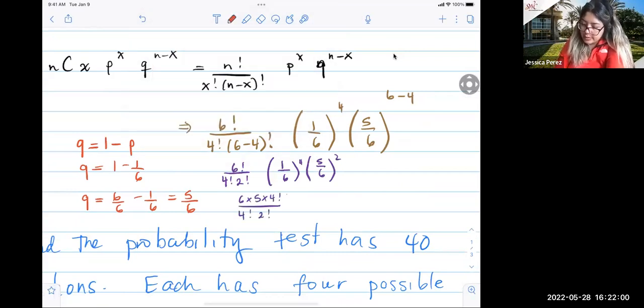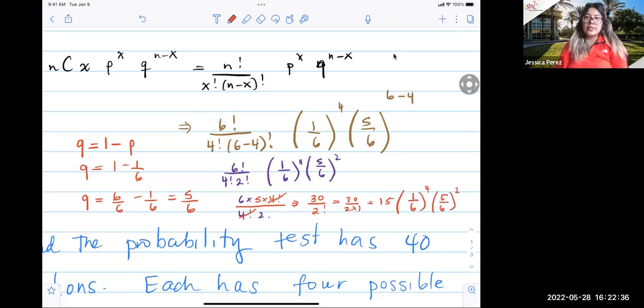The 4 factorials will cancel. You're going to be left with 30 divided by 2 factorial, because 6 times 5 on the top, which is equal to 30 divided by 2 times 1, which is 15, times 1 over 6 to the 4th, and then 5 over 6 squared.